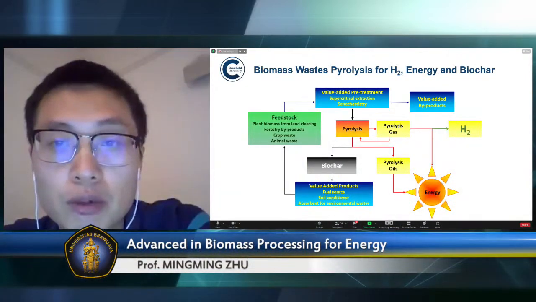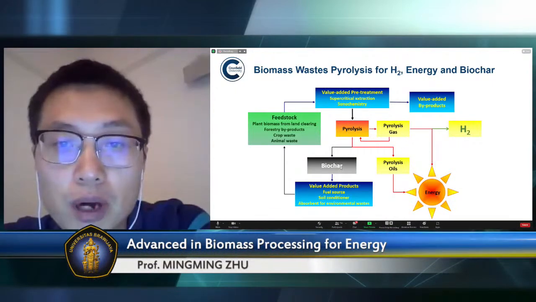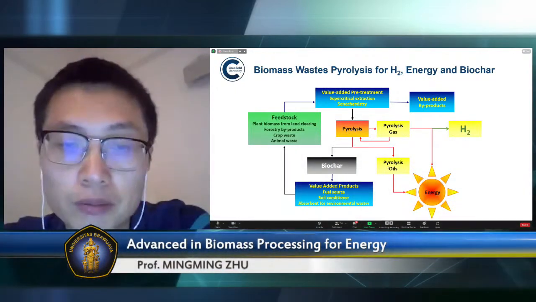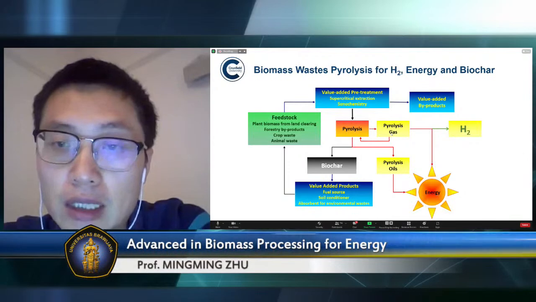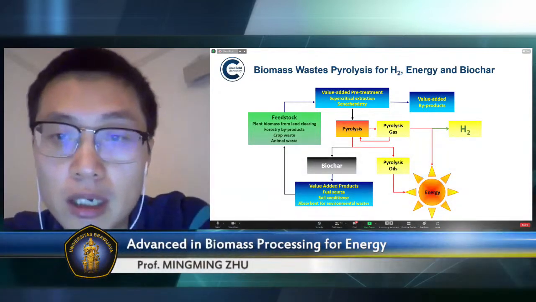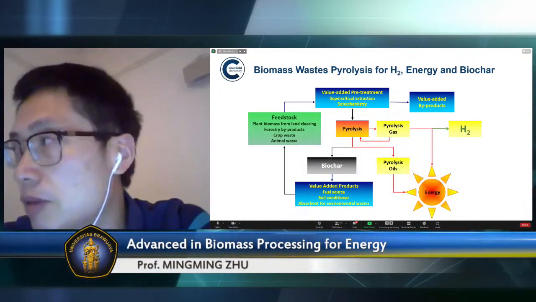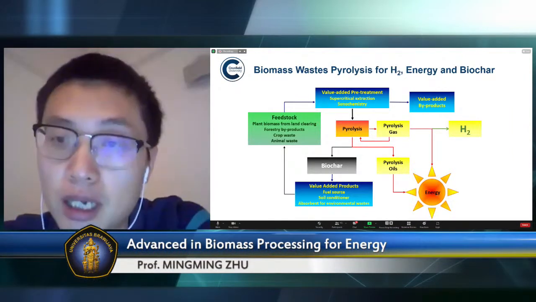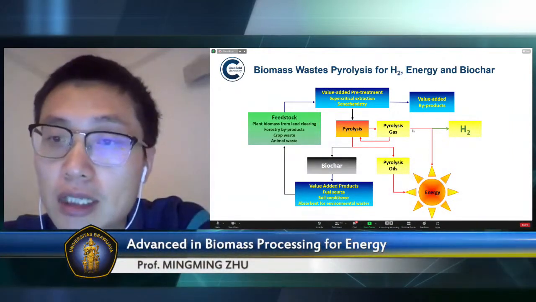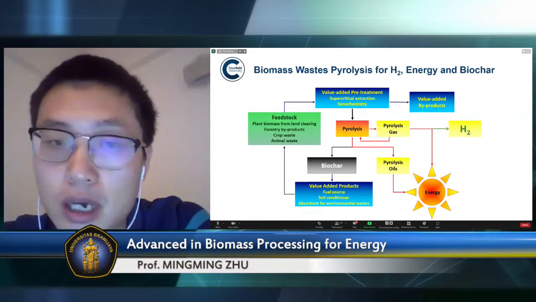The pyrolysis process will produce gas, biochar, and of course oil. In the pyrolysis gas you have carbon monoxide, hydrogen, and of course methane and carbon dioxide as well. And after gas cleaning and separation, you can produce hydrogen.